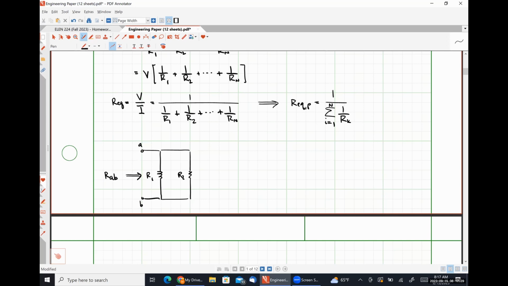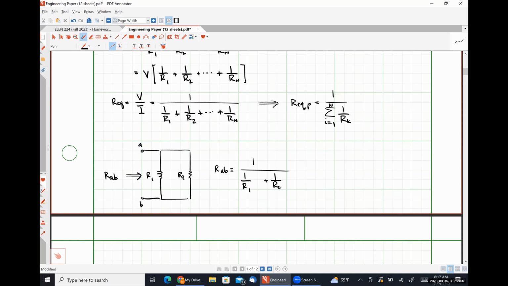So if I use the relationship that we just derived, what I should observe is that RAB is going to be 1 over 1 over R1 plus 1 over R2. Okay.